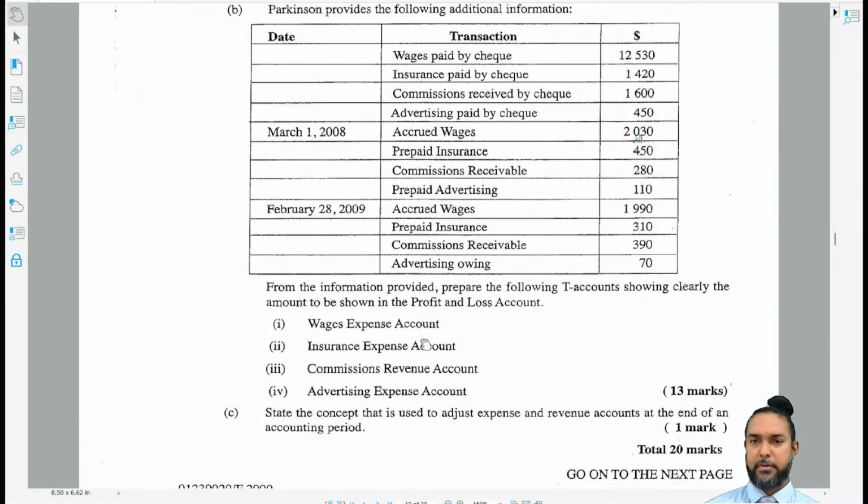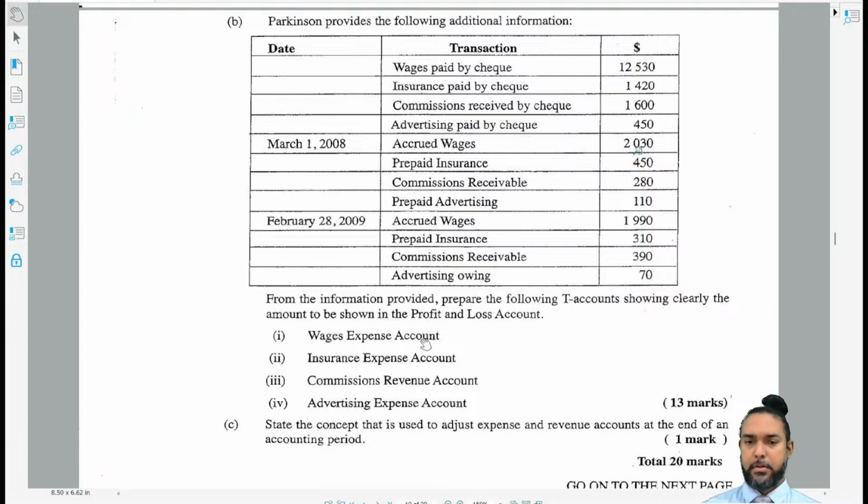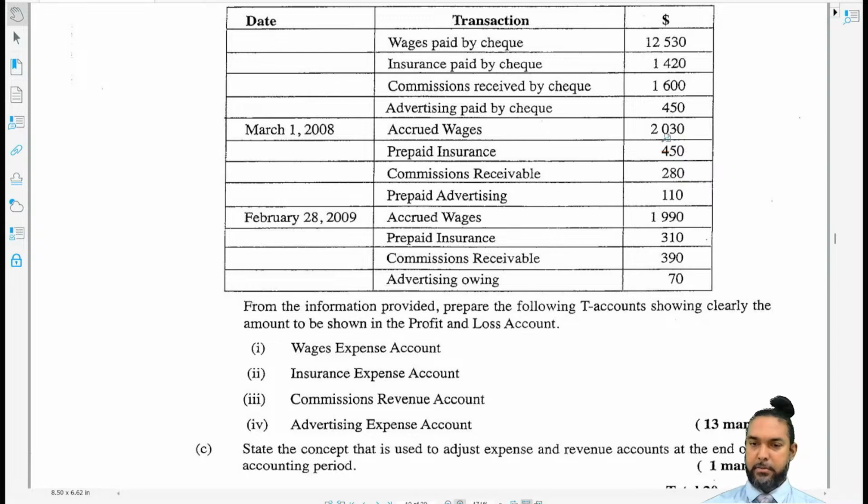This is May 2009. Okay. So what you're seeing on the screen, let me actually zoom in a little bit more, and then let's go to 200.